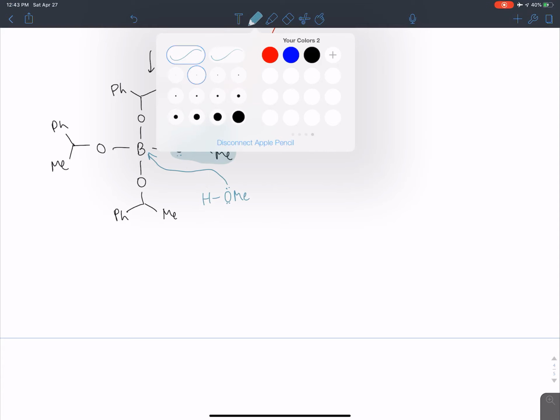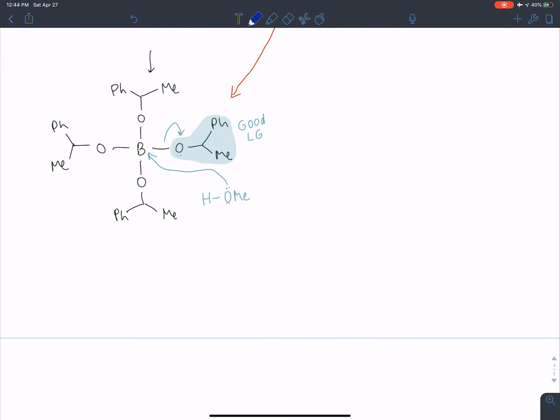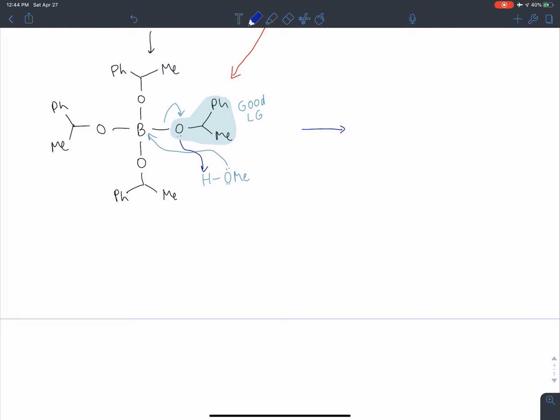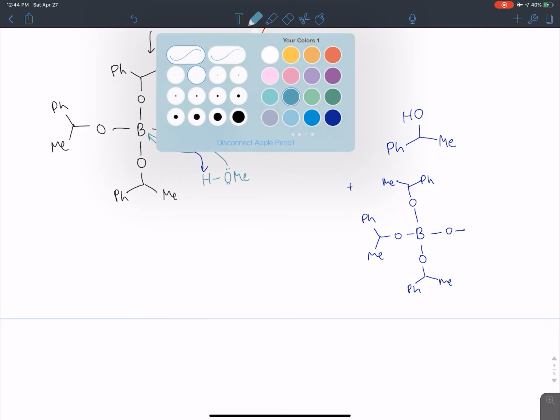So you need to show, here, let me just be a bit clearer with my drawing. This one right here, which gives me HO, Ph, my phenol, and my methyl. Okay, and then plus B, OMe this time.